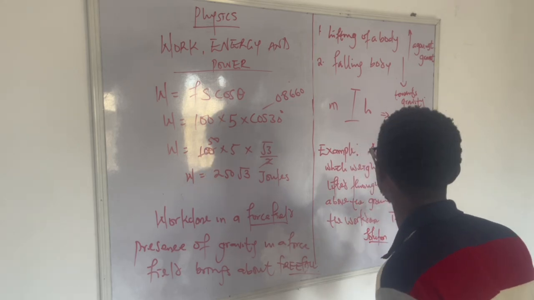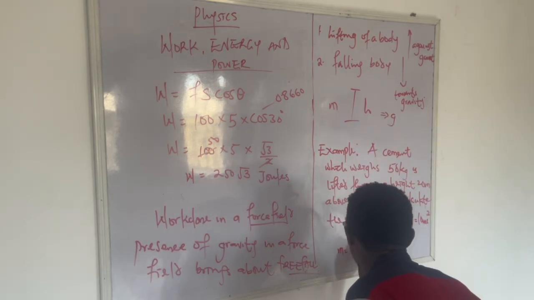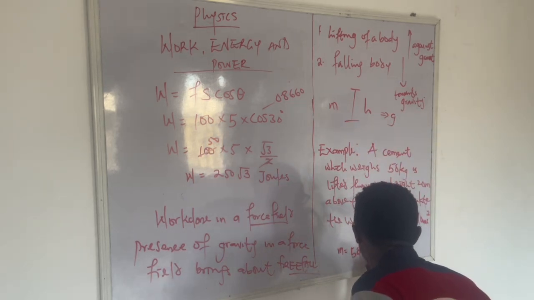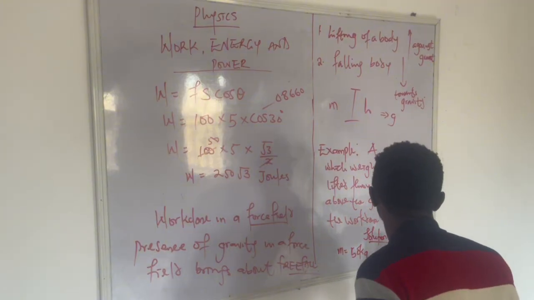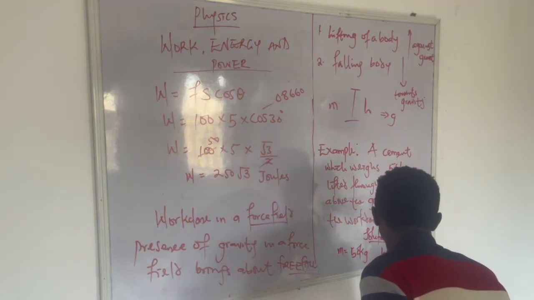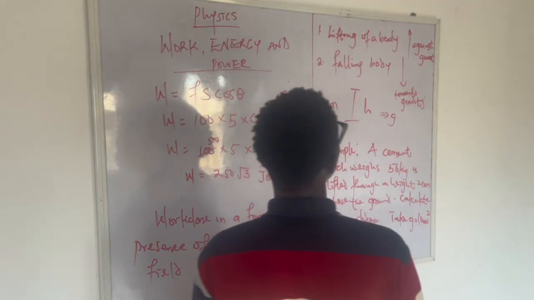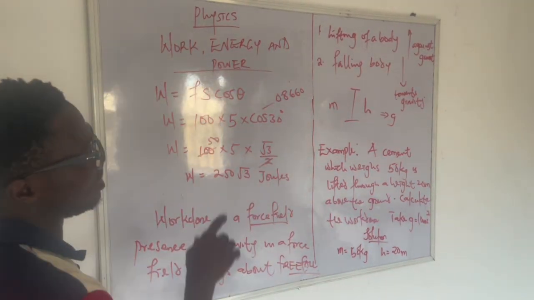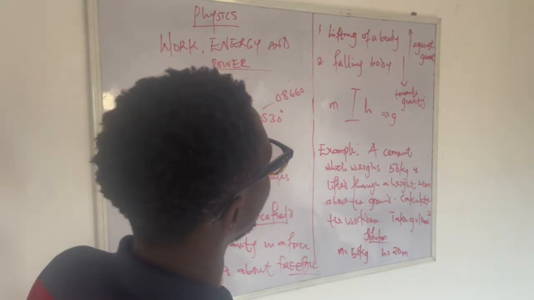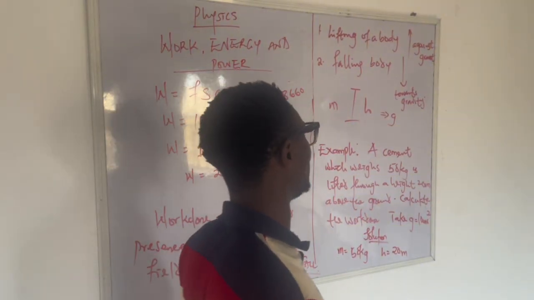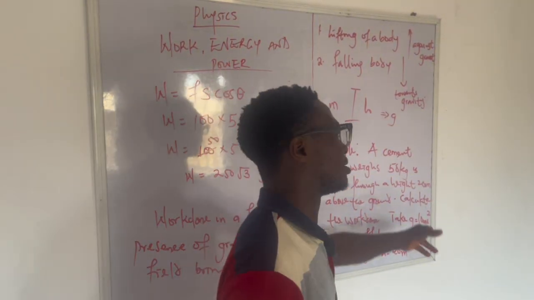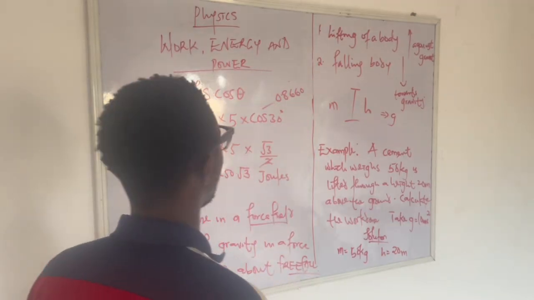The given parameters are what we write out first. Mass is 50 kg. The height is 20 meters. And g, as we know, is the acceleration due to gravity.